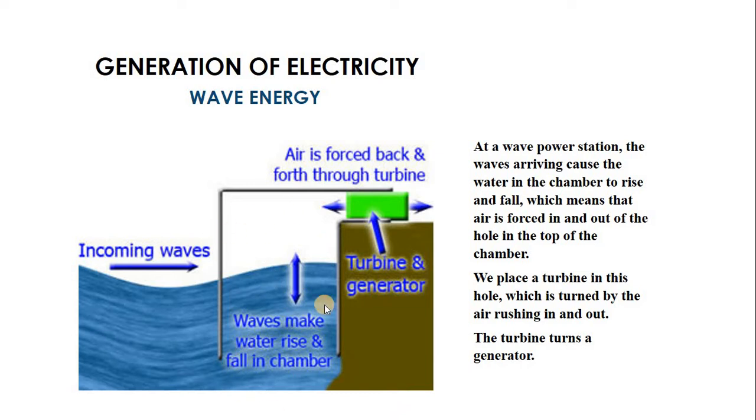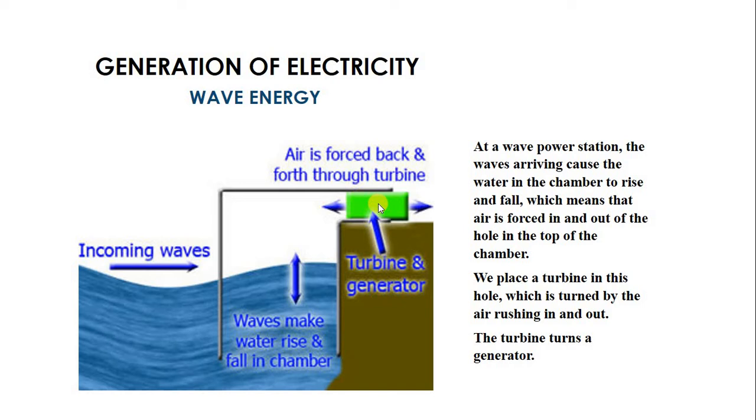If there were no ocean here, this chamber would be empty, filled with air. This side is open, this side is also open. This opening allows water from the sea to enter the chamber, and this other opening is blocked, and in the path of this opening, the turbine and the generator are installed.